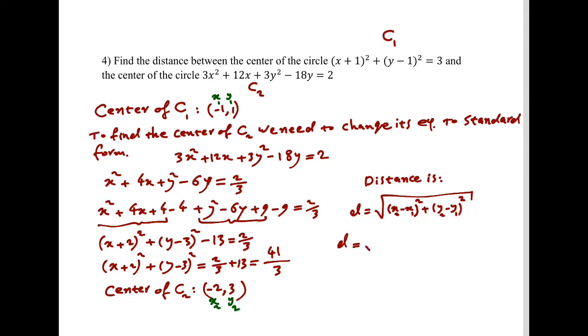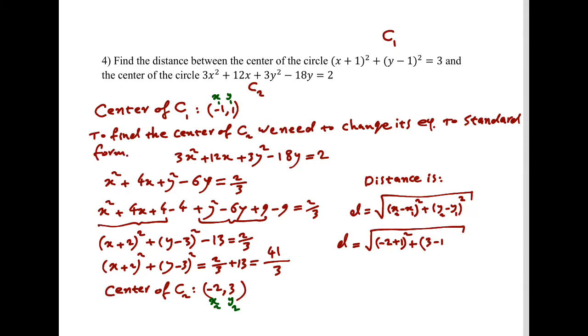d equals the square root of (x2 minus x1) squared, so x2 is -2, -2 minus x1, but x1 is -1. So it becomes +1 squared, plus (y2 minus y1) squared, where y2 is 3 and y1 is 1.